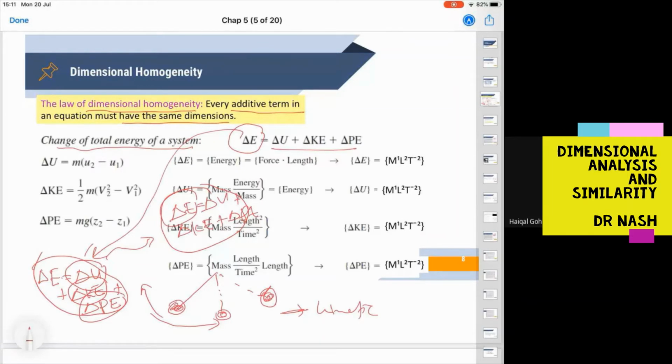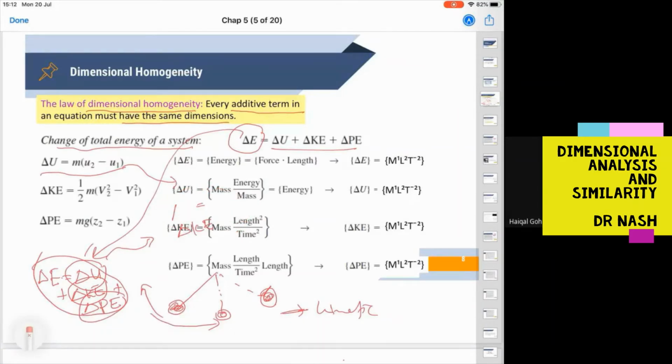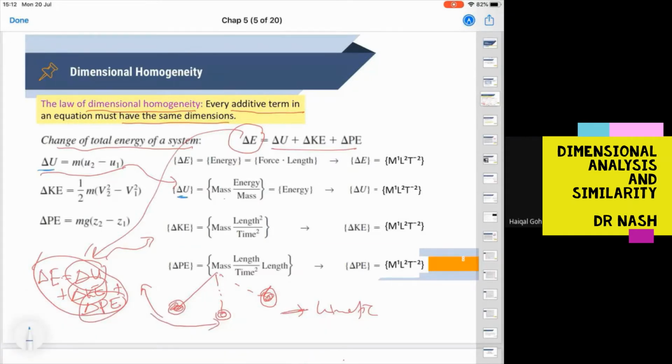Kita tengok yang pertama, internal energy delta U equal to M, which is mass, and then U2 minus U1. Alamak, nanti saya padam dulu bagi nampak clear. So this one, delta U, and then you see mass times energy divided by mass, so it becomes energy.